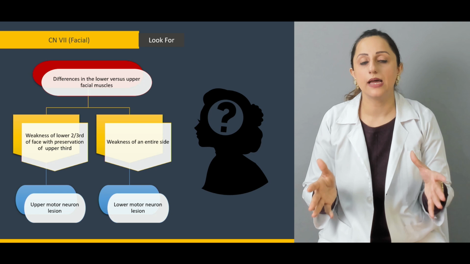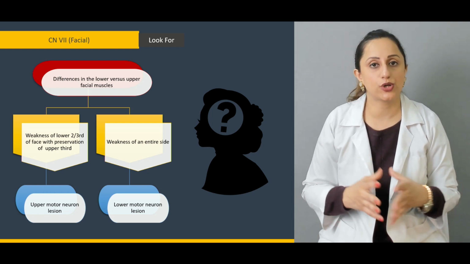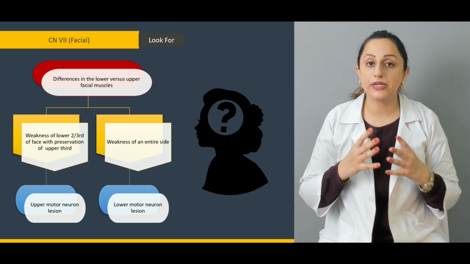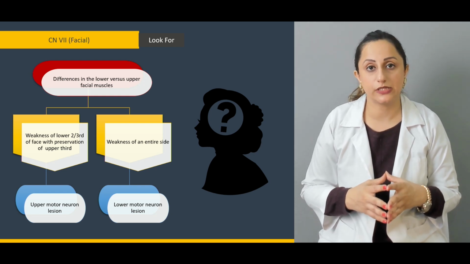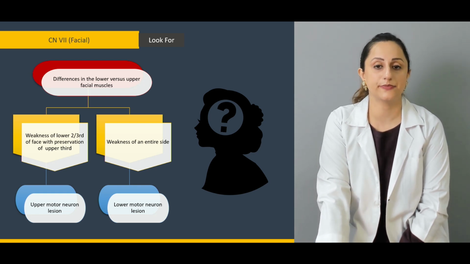So distinguishing between the upper motor neuron lesions and the lower motor neuron lesions is again a very important and integral part of the neurological examination whenever it is carried out in these patients.